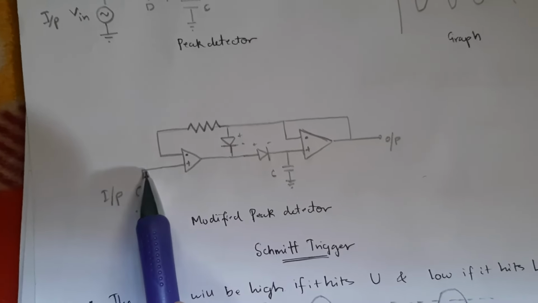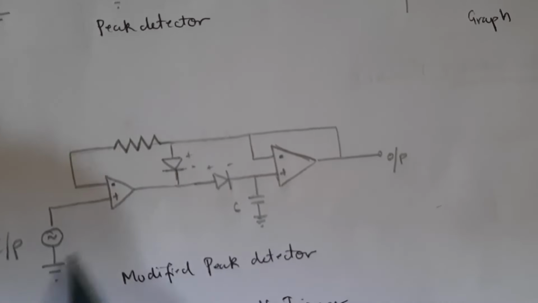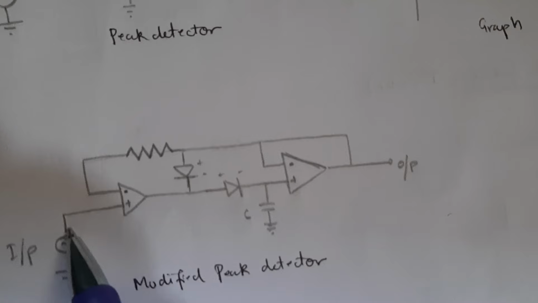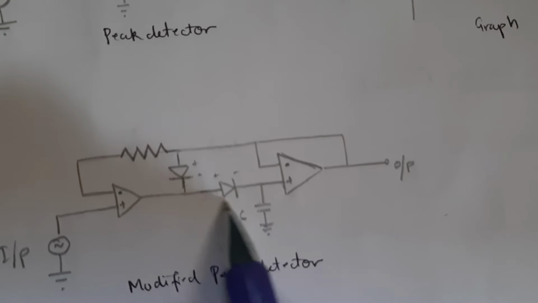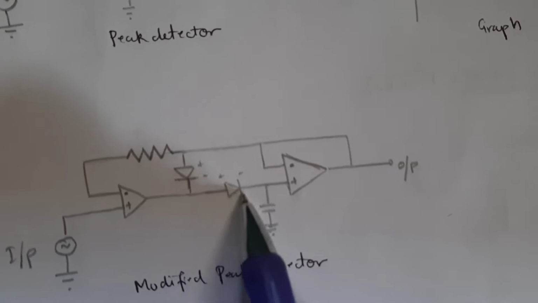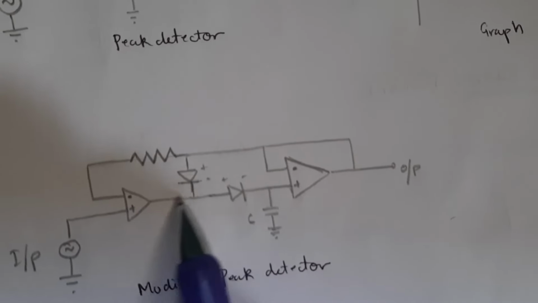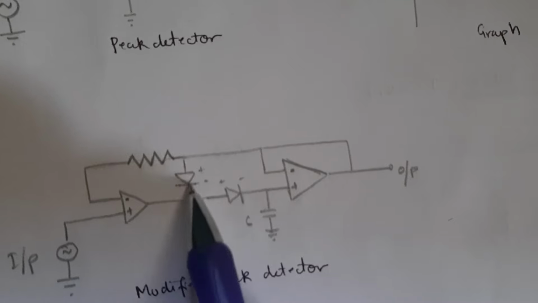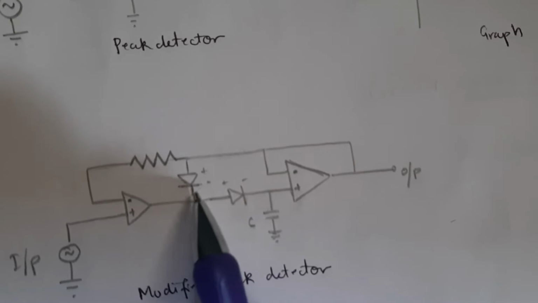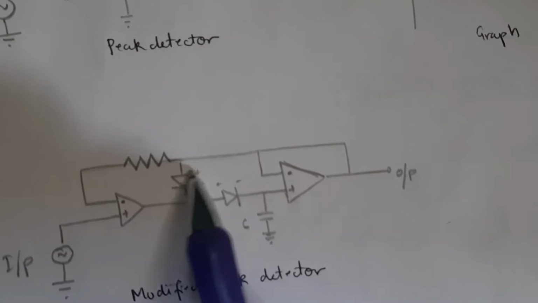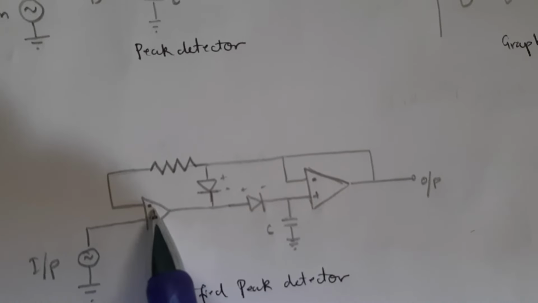But when the voltage becomes negative, this will become reverse biased, because when the voltage is becoming lesser, this is negative here, and this will not conduct because it's reverse biased, and this will conduct because it's forward biased. Negative is connected with negative, so it's forward bias, and when it's forward bias, it will conduct, and the current will come here and go to this terminal.